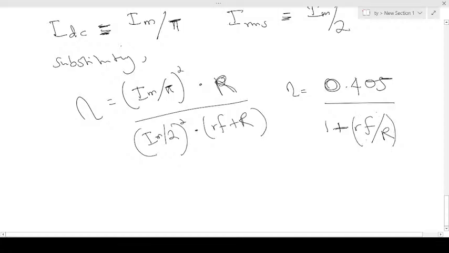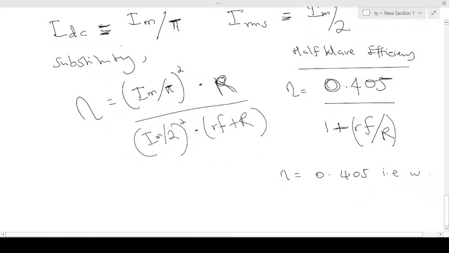Normally, when we are looking for maximum efficiency and the forward resistance is negligible, then our efficiency will just be 0.405 over 1, since 0 over R is 0. Which means that for a half-wave rectifier, the maximum efficiency is 0.405 or 40.5%.